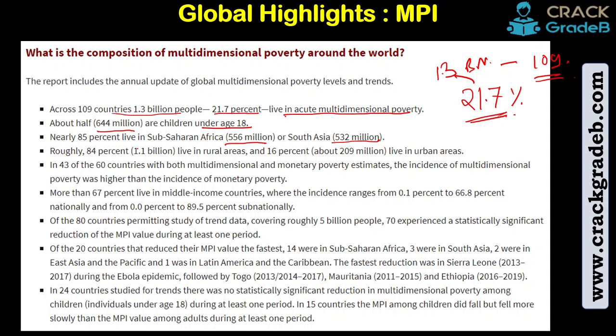roughly 84%, that is 1.1 billion, live in rural areas, and 16%, 209 million, live in urban areas. So see, it's very common. People in the urban area are also poor. Even in India, if you go to the urban centers like Delhi, Mumbai, Kolkata, you will find poor people.